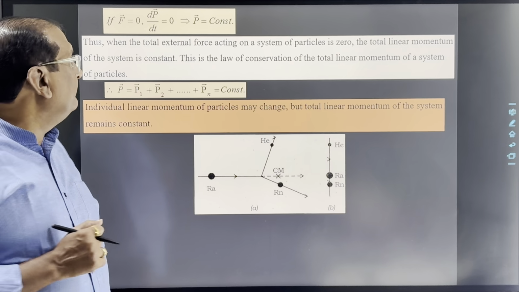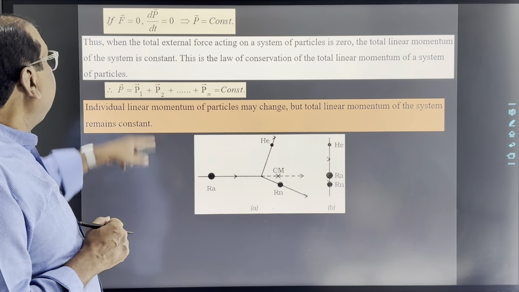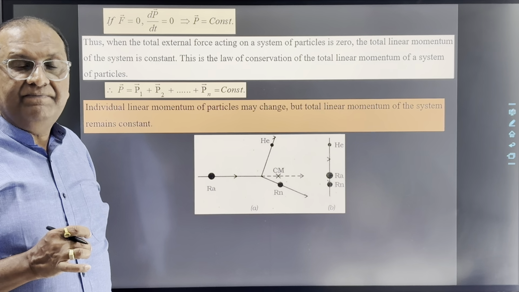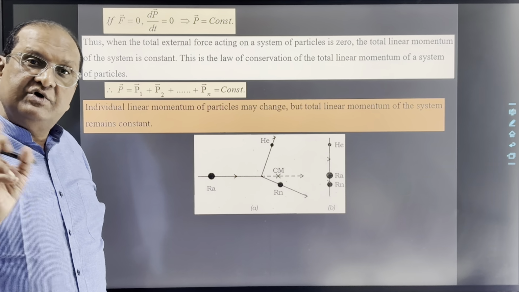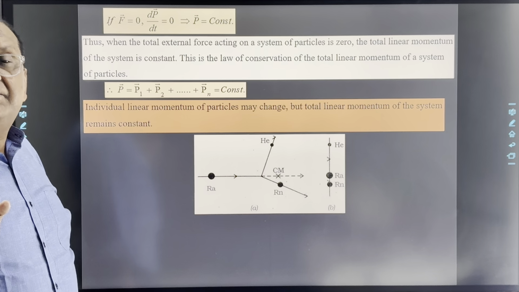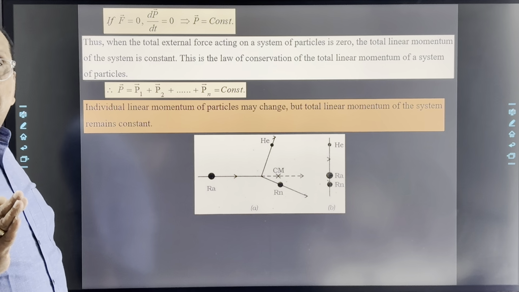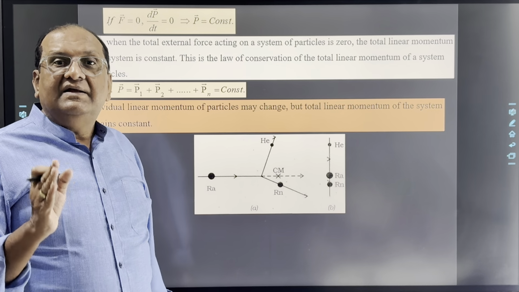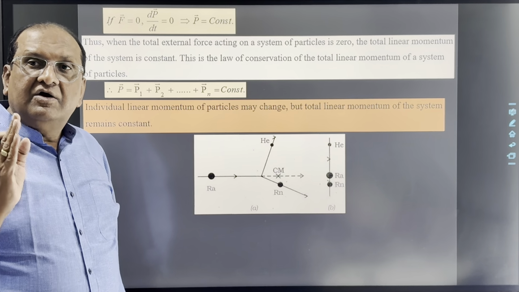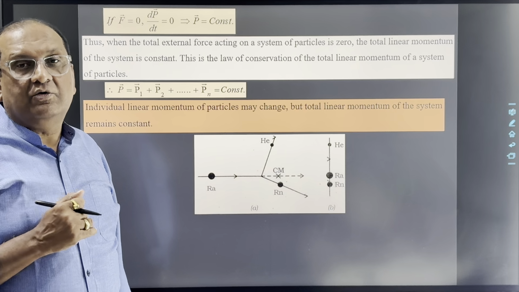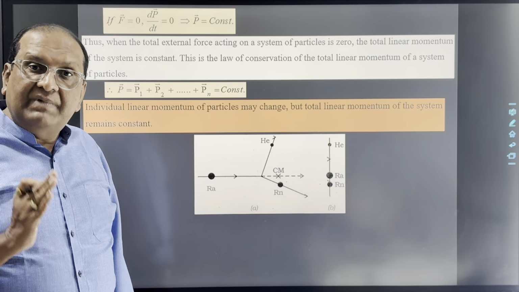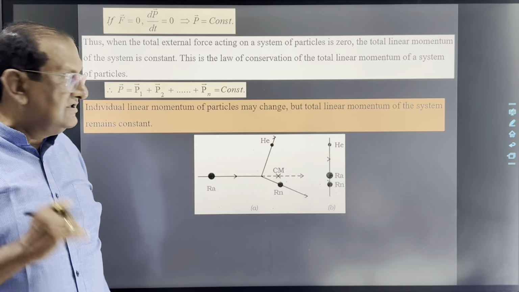As well, we know if F equal to 0, then F equal to m Acm, m is not 0, so acceleration will be 0. It implies that if the system is in motion, then it will continue motion with constant velocity of center of mass. And if it is stationary, then center of mass will remain stationary.